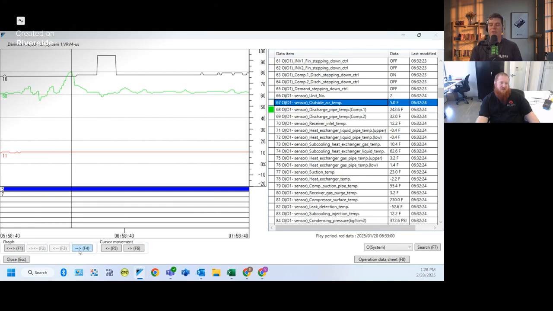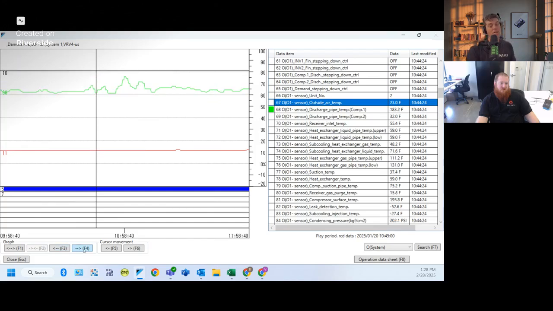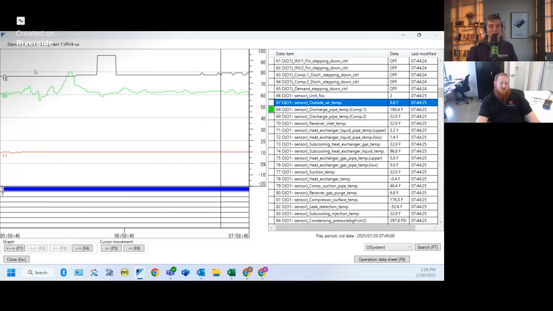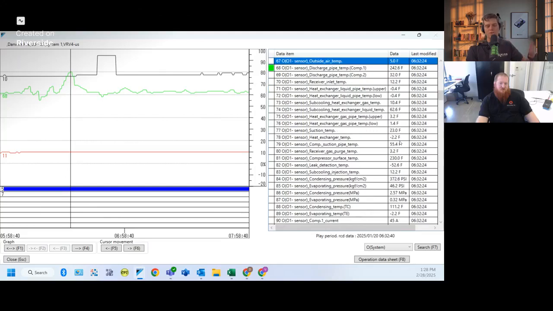Something else we also know is that with discharge temperatures around the 240 mark, even a little bit below 240, internally that compressor is hotter than the temperature you see on the discharge temp. Discharge temp is measured usually, depending on the model, 6 inches or 12 inches down the line, depending on where they set the discharge temperature thermistor on the discharge line.